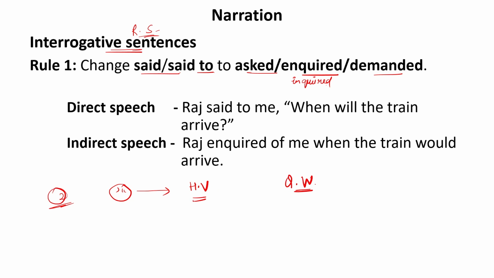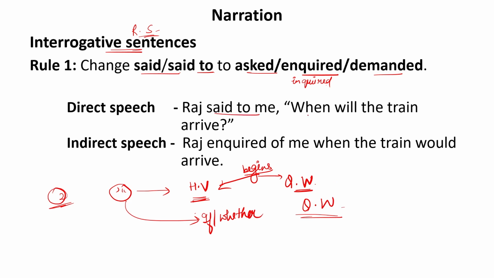If the question begins with a helping verb, the comma and inverted commas will be replaced with if or whether. But if the question begins with a question word, these comma and inverted commas will be replaced with the question word given.